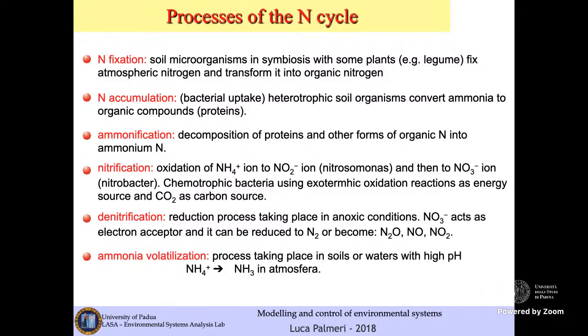In the nitrogen cycle, nitrogen fixation is conducted by soil microorganisms in symbiosis with some plants, for example, legumes, that fix atmospheric nitrogen and transform it into organic nitrogen. When we have nitrogen accumulation, typically bacterial uptake.